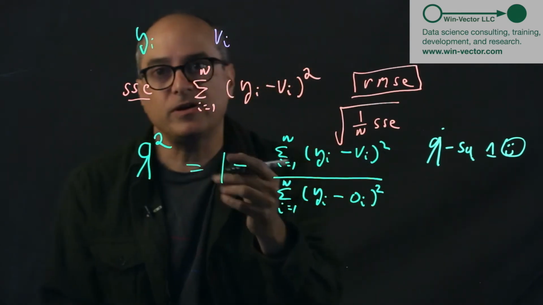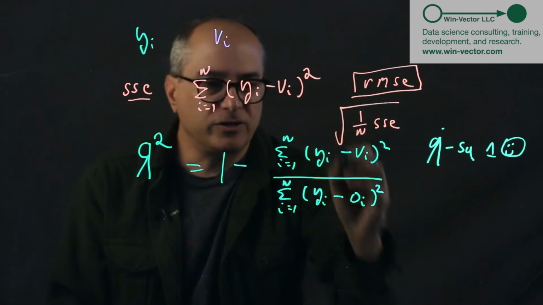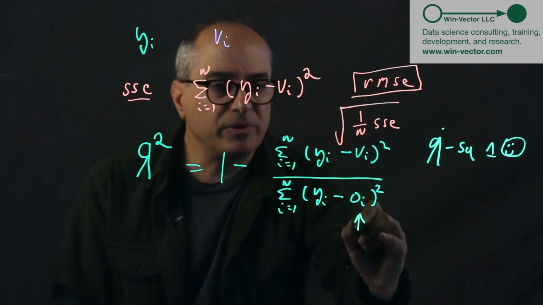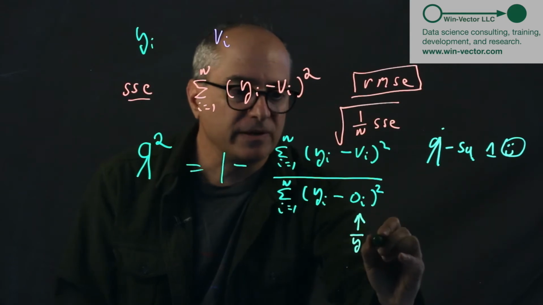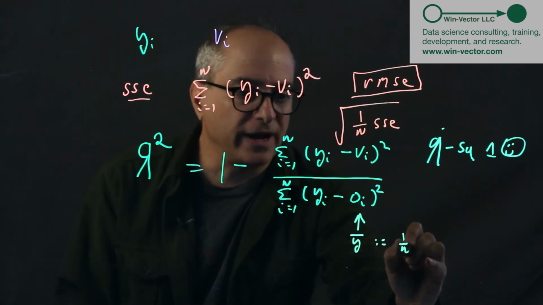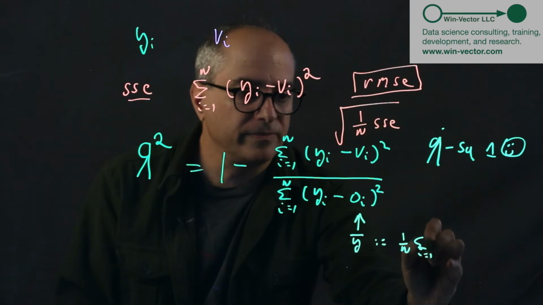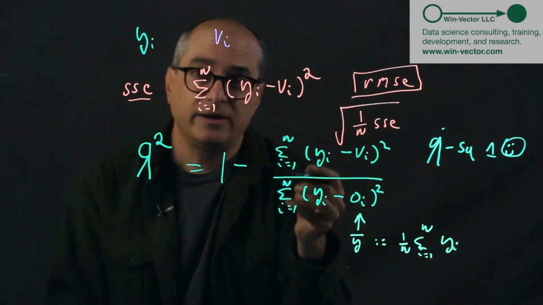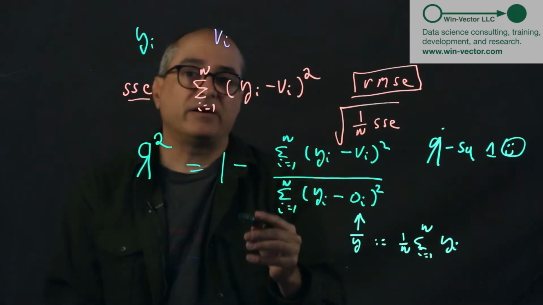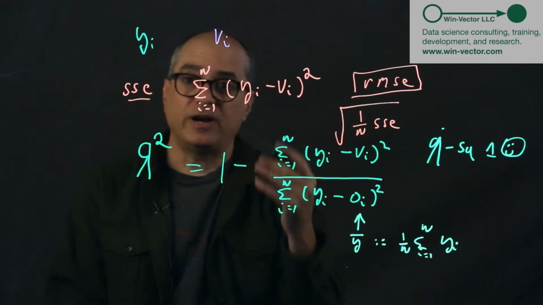So it's a formal comparison of models, and the traditional thing we plug in here as the competing model is just y bar, which is defined as the average of y. So the traditional R squared asks: are we better than just guessing the average for every single individual?